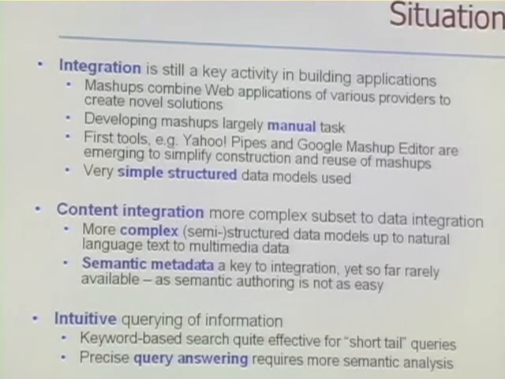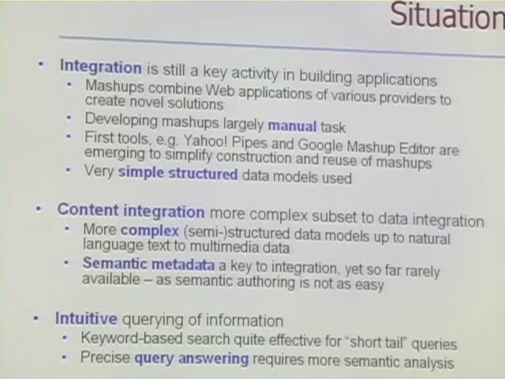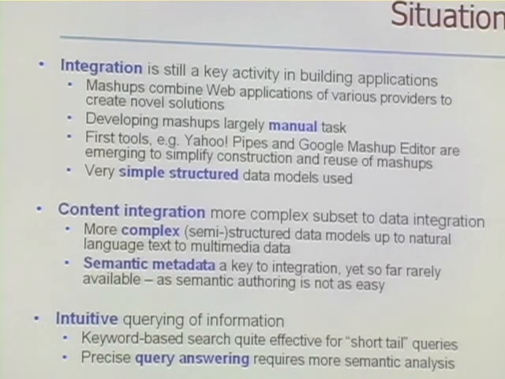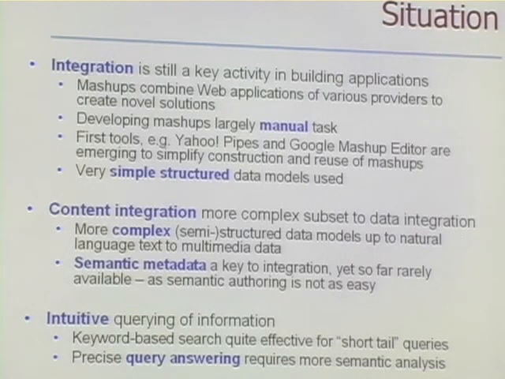What we currently address is what we call the notion of content integration, where we are interested to bring together content from various resources. And these resources come in various kinds of data models. So you have semi-structured sources. You might also have some textual sources. You might also have multimedia sources.